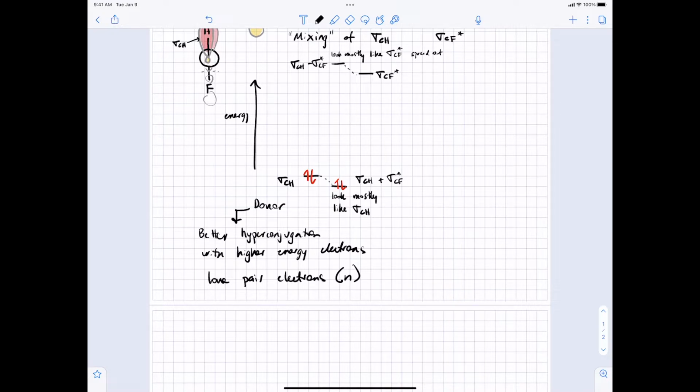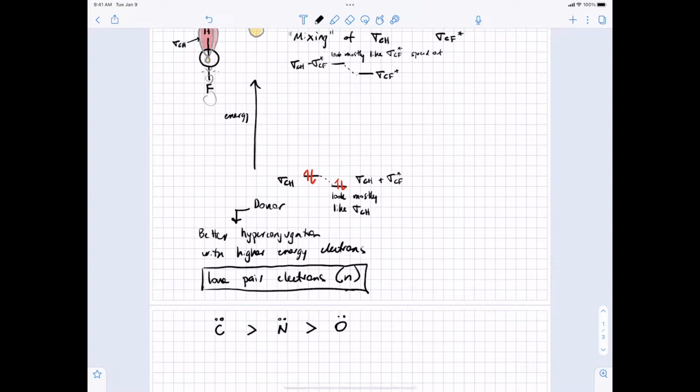And if you have a choice with lone pair electrons, we're going to rank their ability to donate opposite of electronegativity. So for example, if you had a lone pair on carbon, that would be a better donor than a lone pair on nitrogen, which would be a better donor than a lone pair on oxygen.